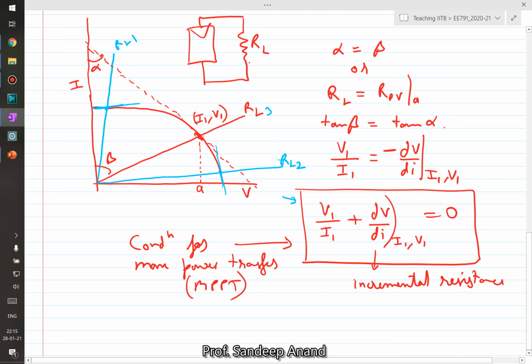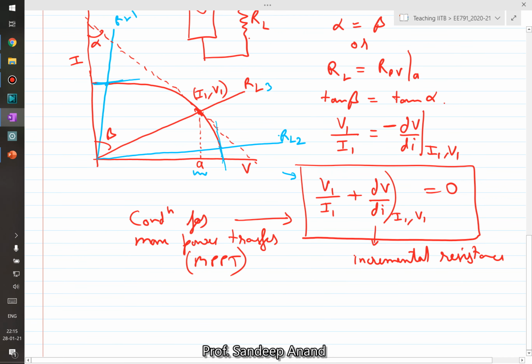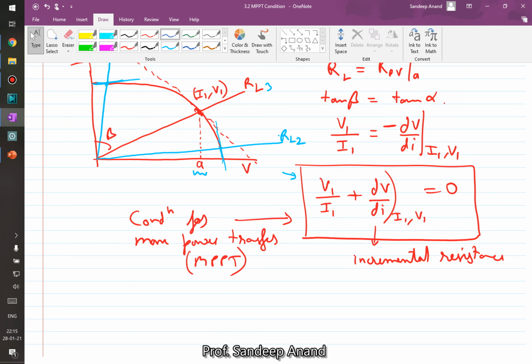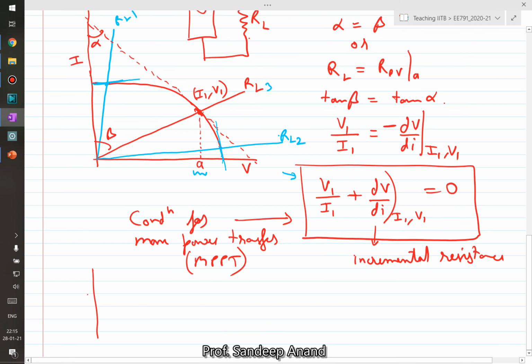One thing we discussed is that in this small vicinity around A, if you move a little bit left of A, the power reduces, and if you move a little bit right of A, the power reduces, and therefore A is the point where you have maximum power. If you recall, let me draw the P versus V graph.